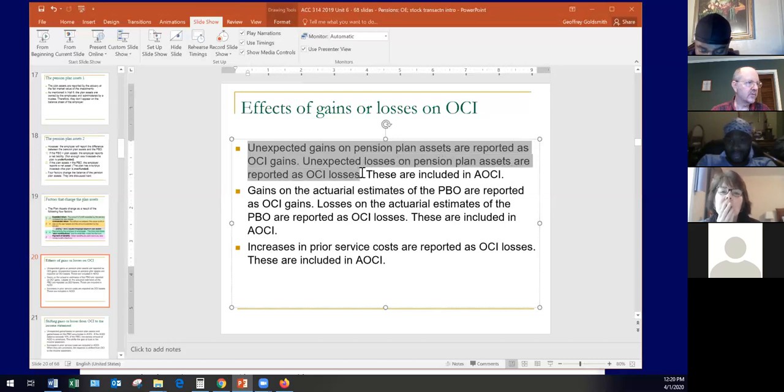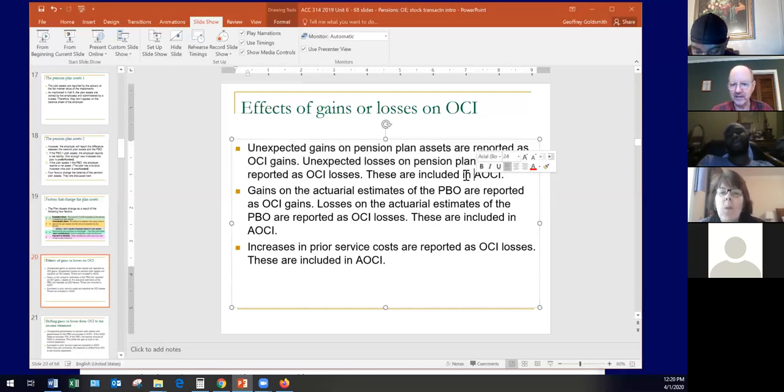Right. And AOCI goes on the balance sheet? Right. These OCI gains and losses are the changes. And the AOCI is now the ending balance. So maybe I need to open up a real life company's financial statements for you to take a look at that.